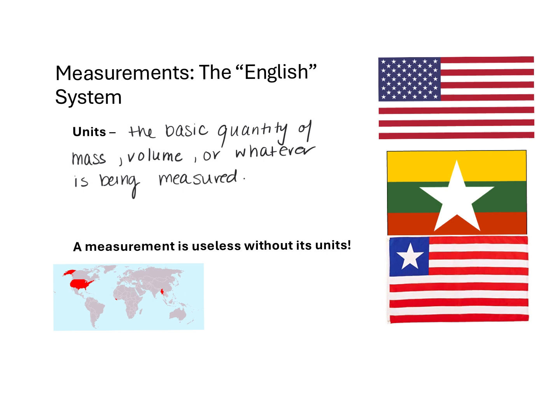Now, every measurement that you make will have a number and a unit. So there'll be two parts to every measurement. So a measurement is really useless without its unit.